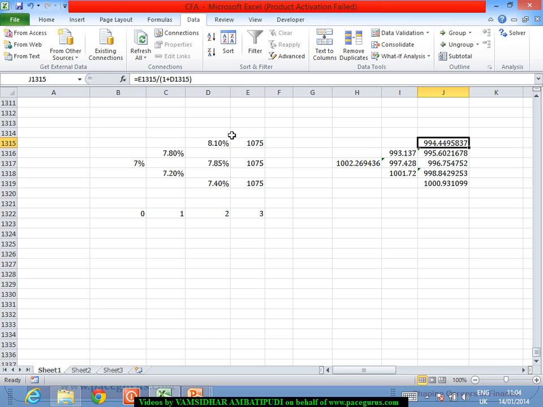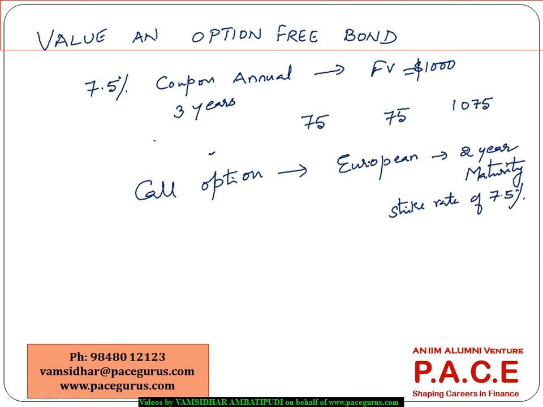I will not talk in terms of the strike rate. Probably I will say that the price is going to be 1000. The strike price only I will talk of initially. A strike price of 1000.